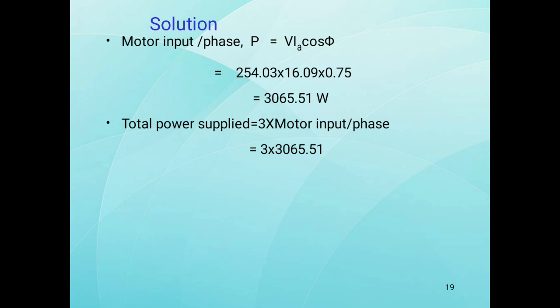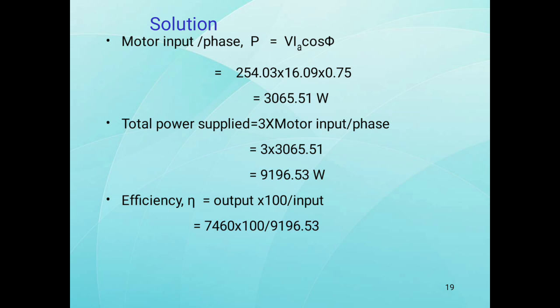So that is 3 into 3065.51, which gives 9196.53 watts. So efficiency is nothing but output into 100 by input. Now 7460 into 100 by 9196.53, that is 81.12%.